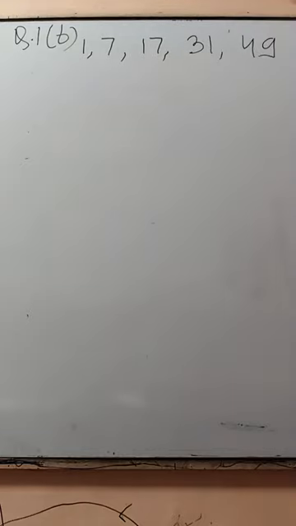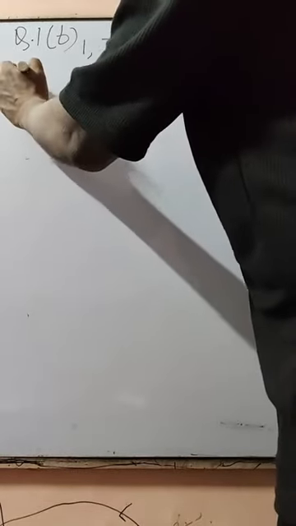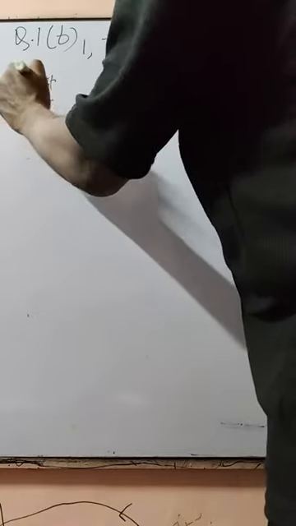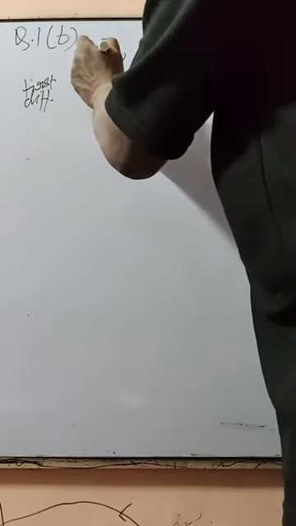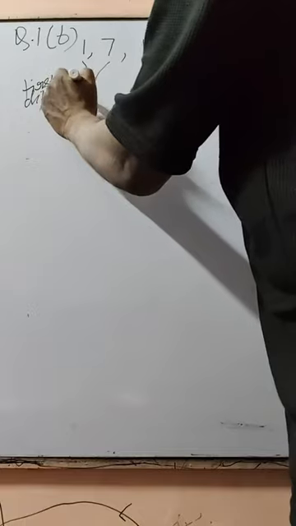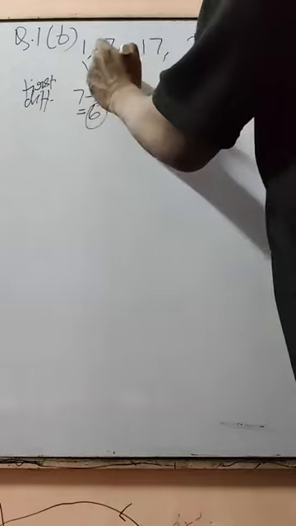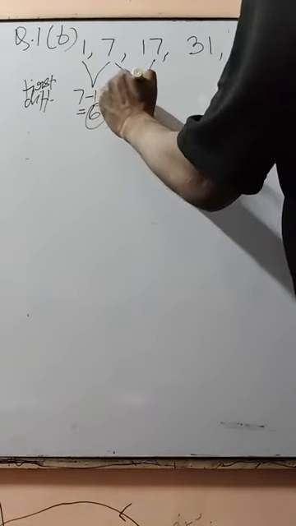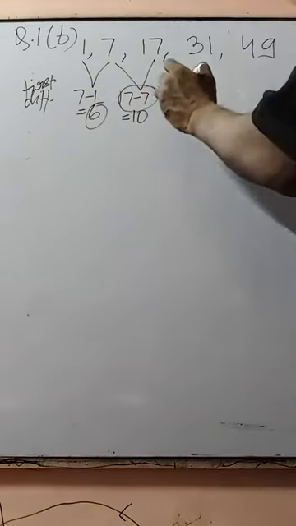Right. So here, if we find the first difference, that is, the first difference is 7 minus 1 is equal to 6. Next difference is 17 minus 7, we get 10.